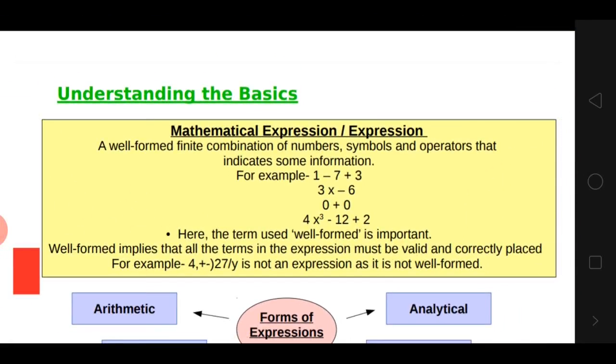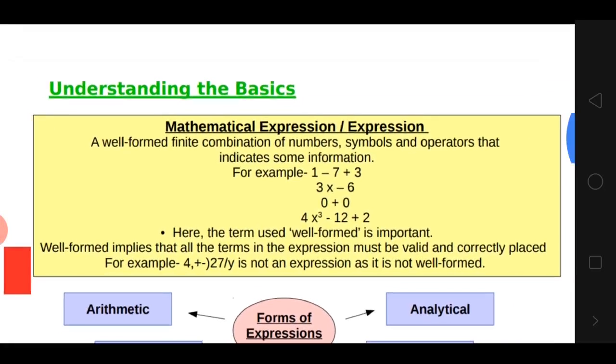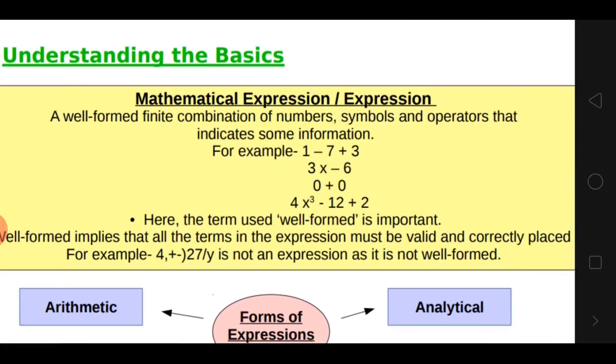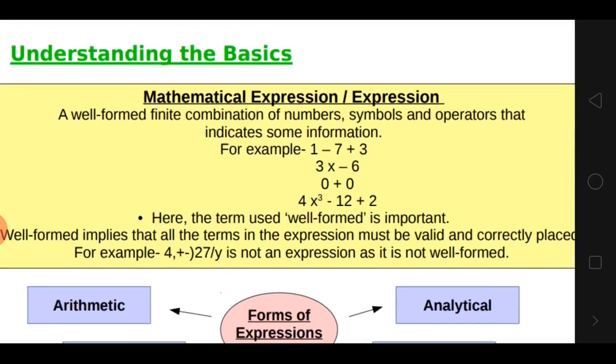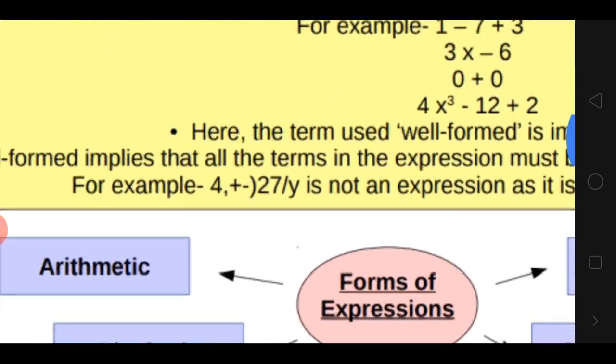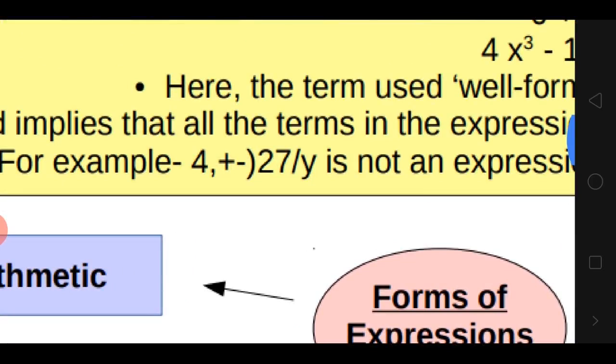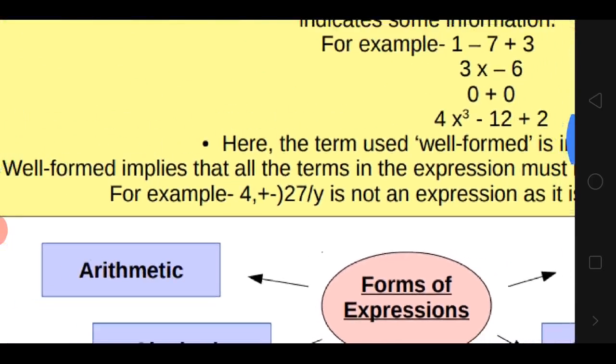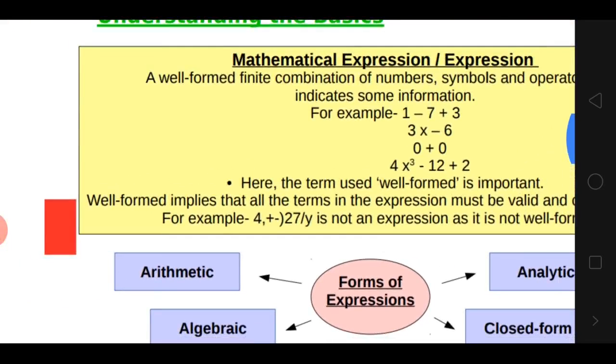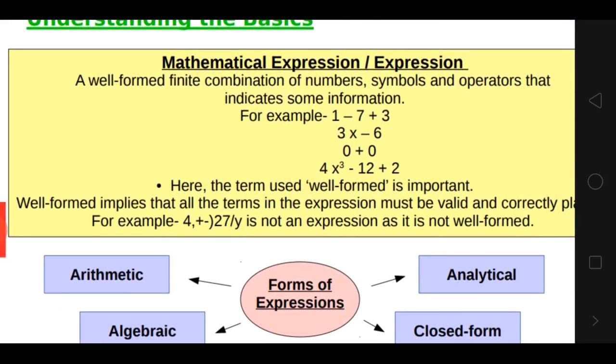Well formed implies that all the terms in the expression must be valid and correctly placed. For example, 4x plus minus 27 by y is actually not an expression. The reason behind this is it is not well formed.